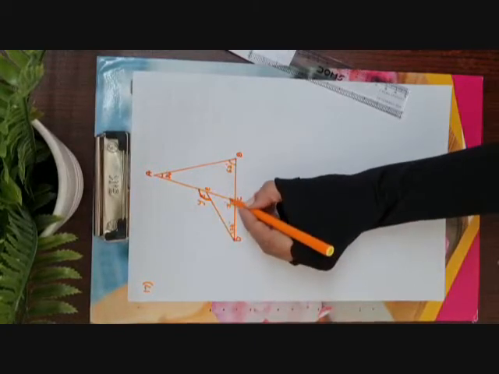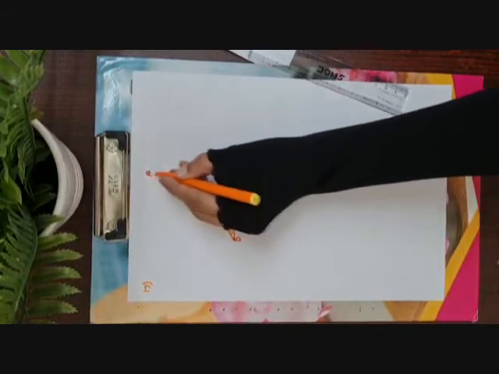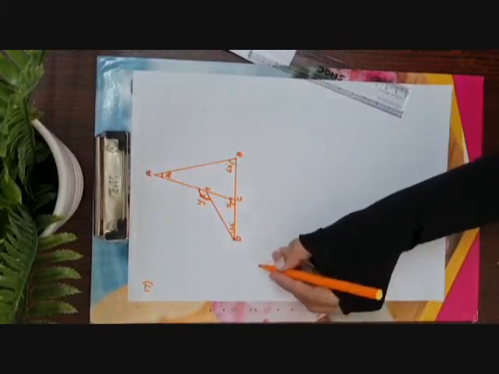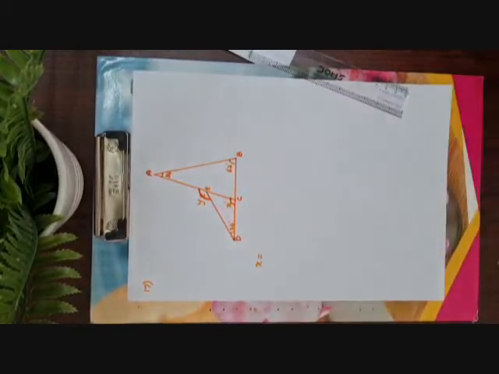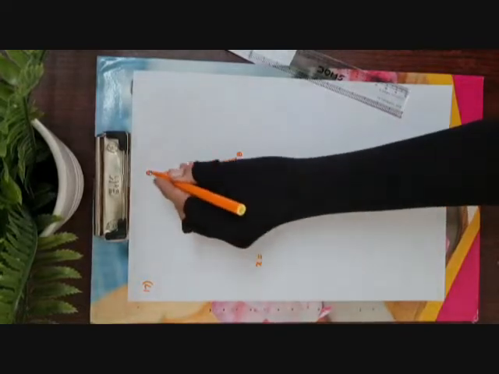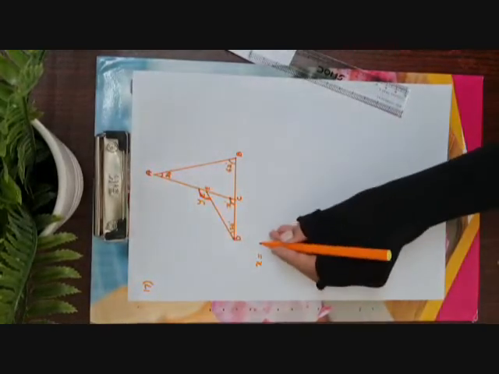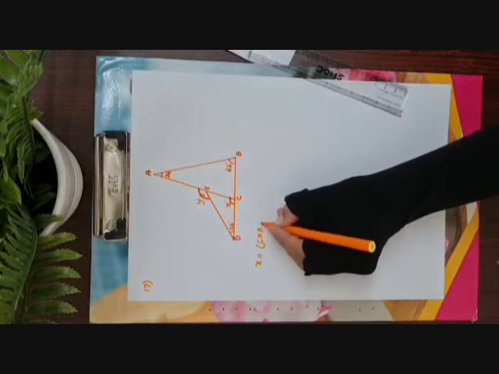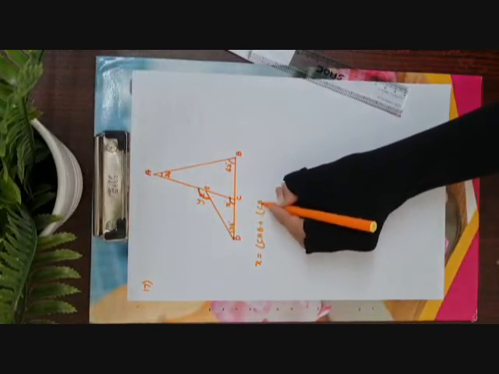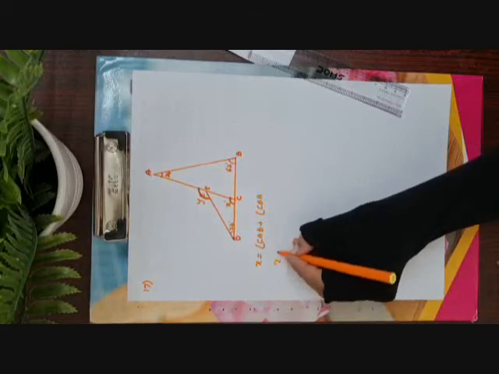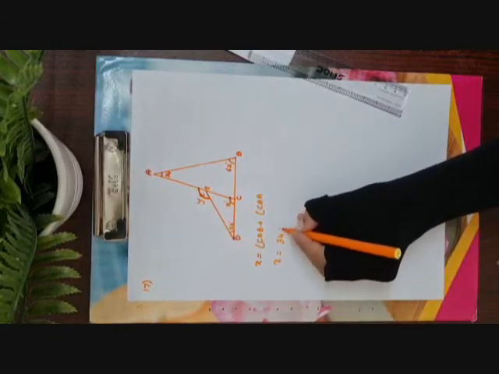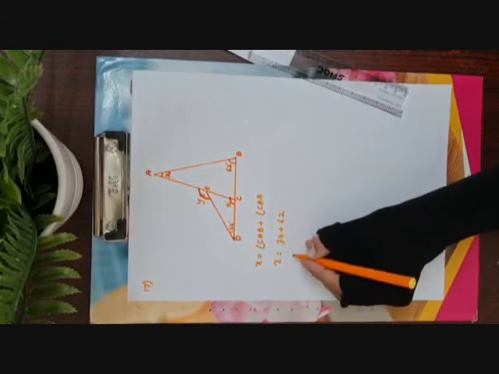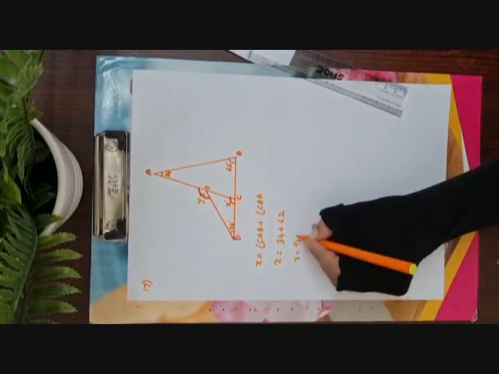Okay, and x is the exterior angle to triangle ABC. So x will be equal to angle CAB plus angle CBA. So x is nothing but 34 plus 62. Yes, so x is equal to 96 degrees.